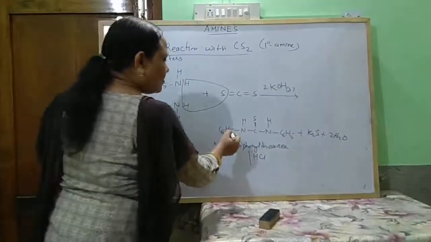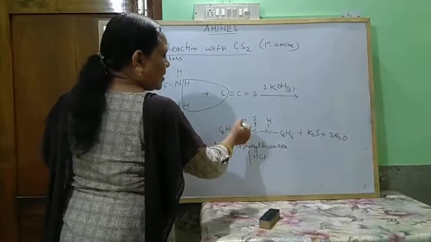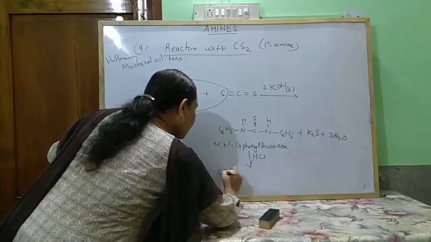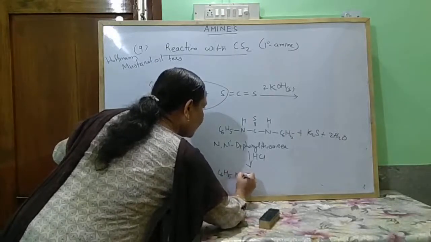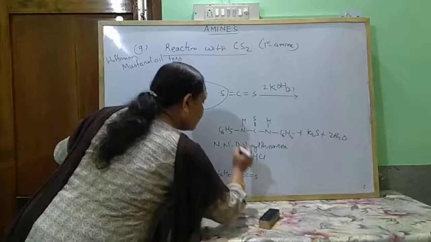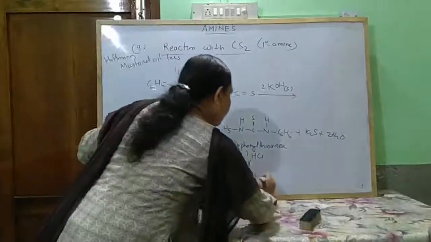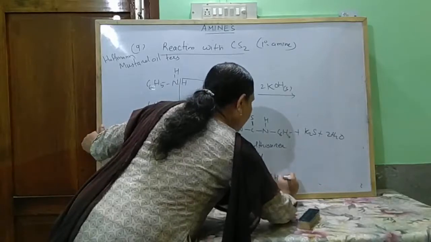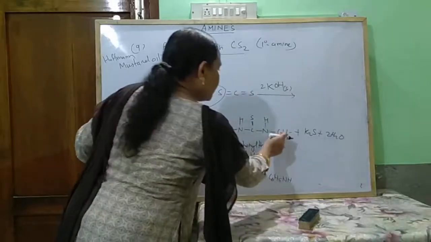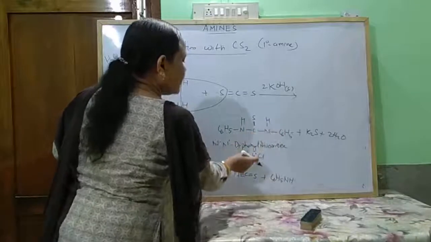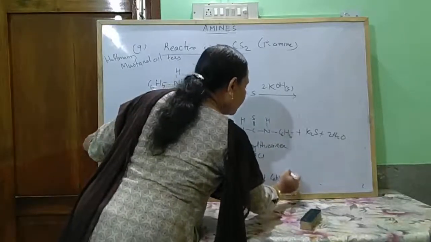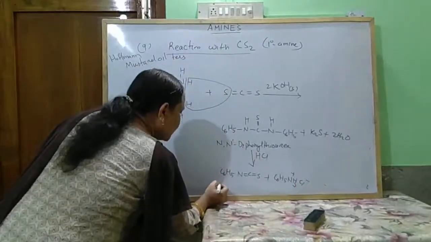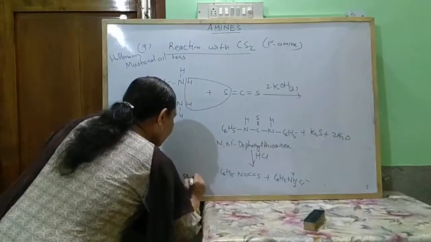And when this compound is heated with hydrochloric acid, it forms phenyl isothiocyanate, C6H5NCS, plus C6H5NH3+ Cl minus. This is a salt.